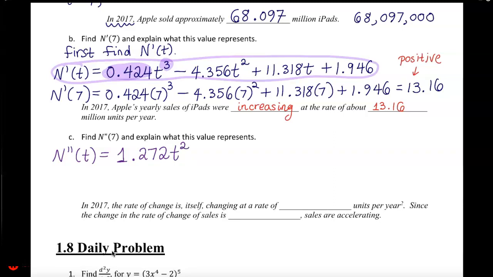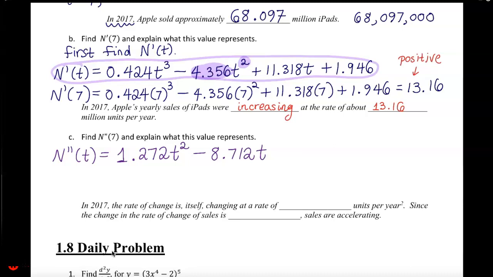Let's keep going. Next, I'm multiplying 2 times negative 4.356. Next term is minus 8.712 t to the first power, right?